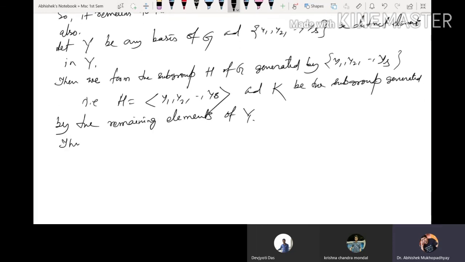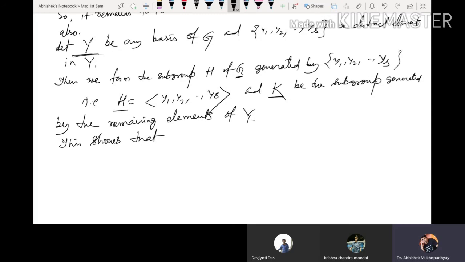And this shows that every element of G can be expressed as a sum of two elements. One element will be from H and the other one will be from K, since G is generated by Y, a basis of G.